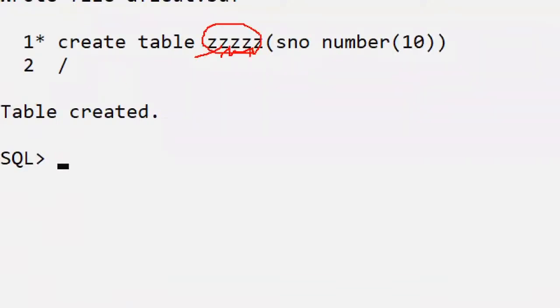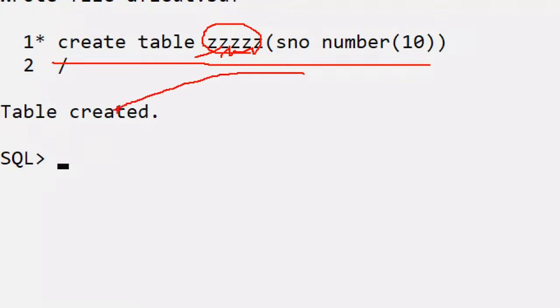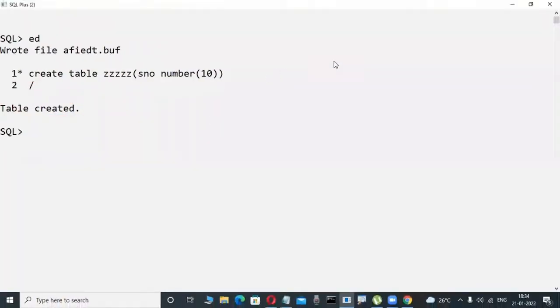Z is the name I am giving. The table I'm creating is only in my Oracle database or SQL Server database or MySQL database. Okay, fine. The table is created. Slowly observe here. This table is created.